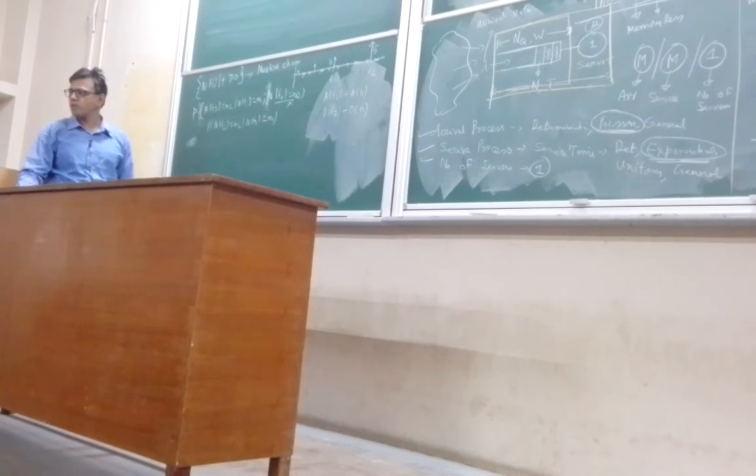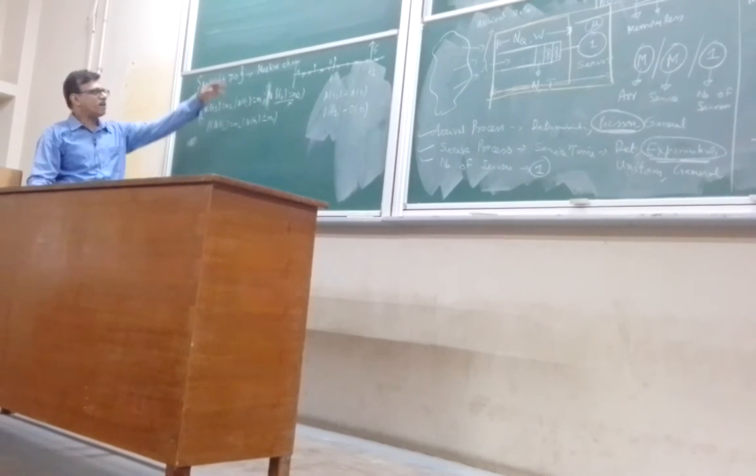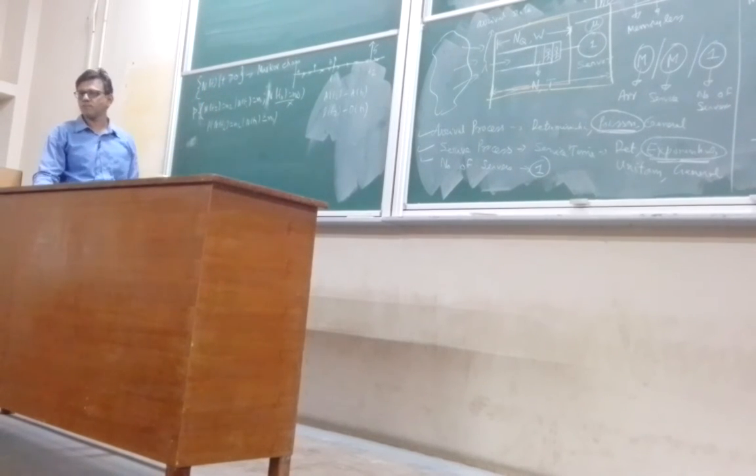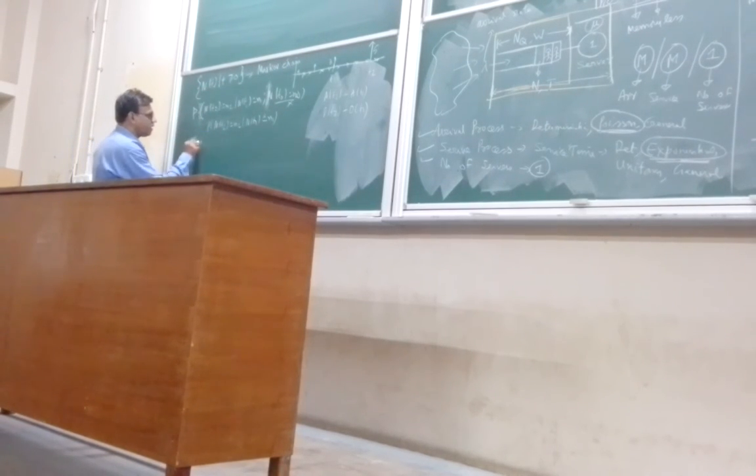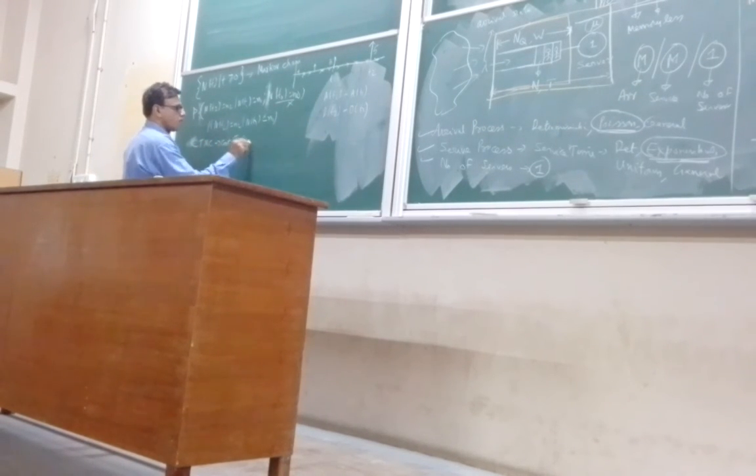It has the Markovian property. Why are we calling it a chain? Because the state space is countable. In fact, time is continuous, so it is a CTMC, a continuous time Markov chain.